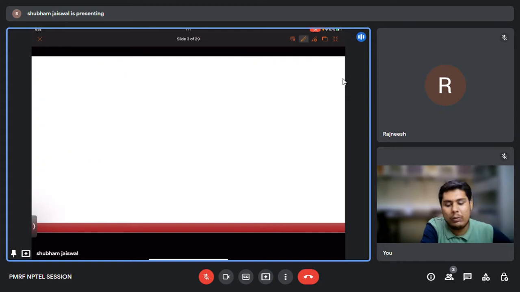After that, we have seen one active transducer, that is PZT, also known as piezoelectric transducer.